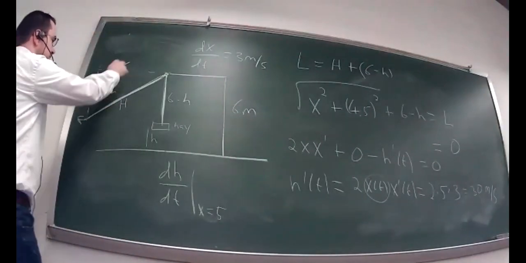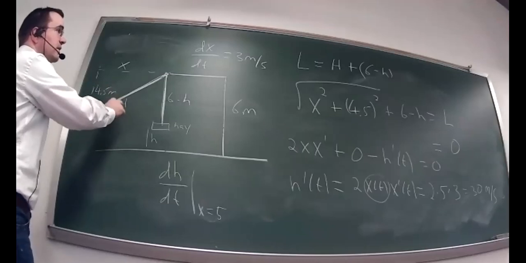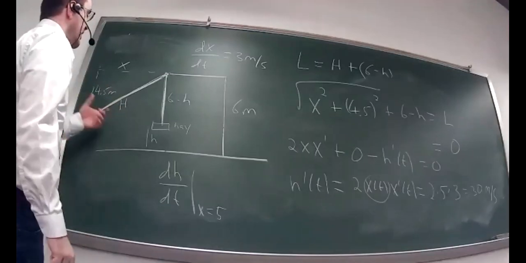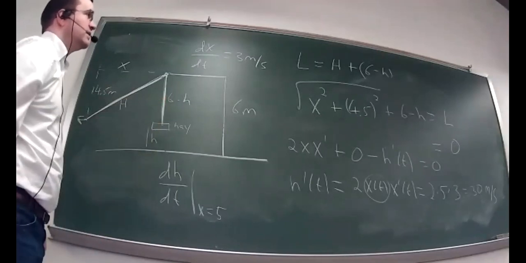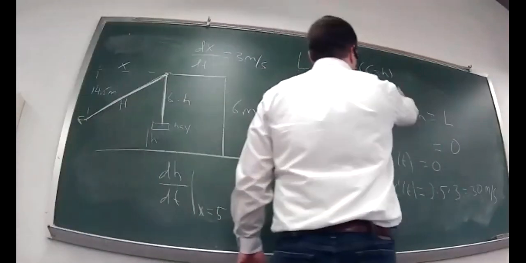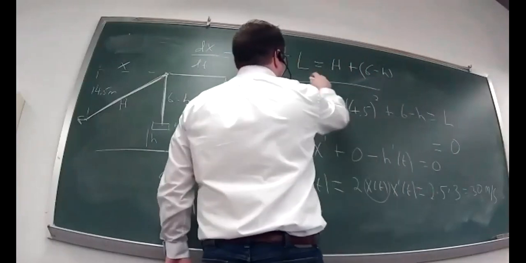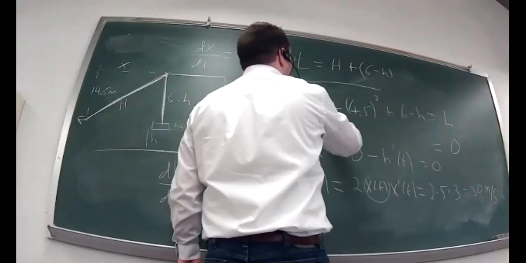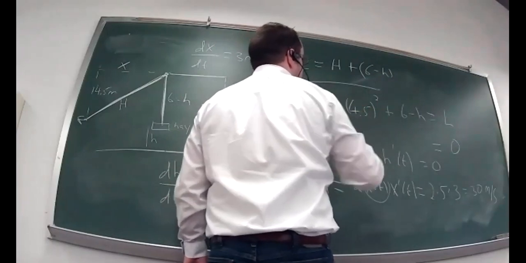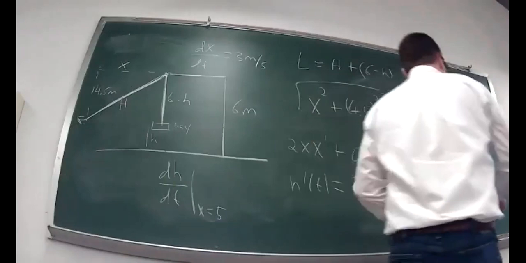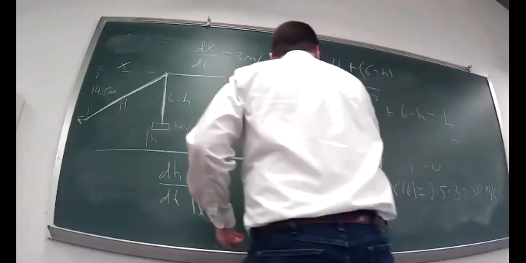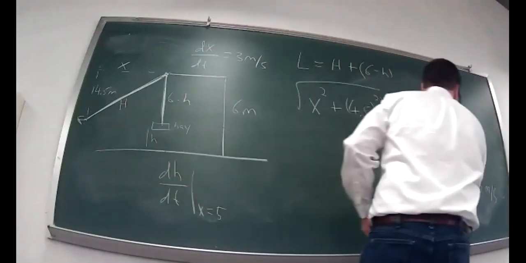So x squared plus 4.5 squared is equal to h squared, excuse me. But the length of the rope is actually h plus 6 minus little h. So this actually, I should have said L is the square root of x squared plus 4.5 squared. So that makes this a little bit more complicated. Let me actually redo that so I get the correct answer for you. But the principle is still quite good.